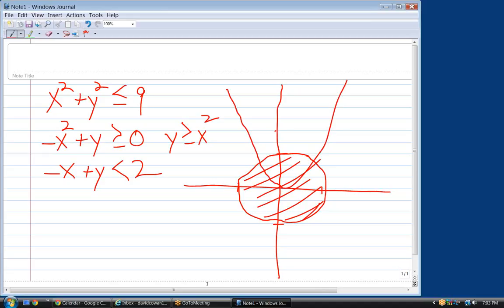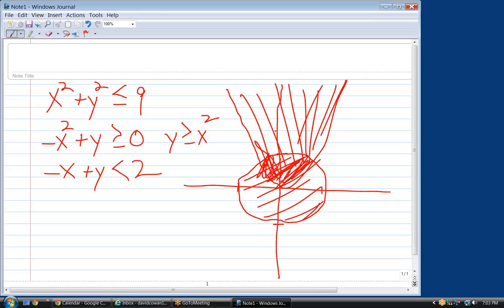And the greater than means everything greater on the y-axis than that equation. Okay? So now our solution from just the first two is everything in this area right here.